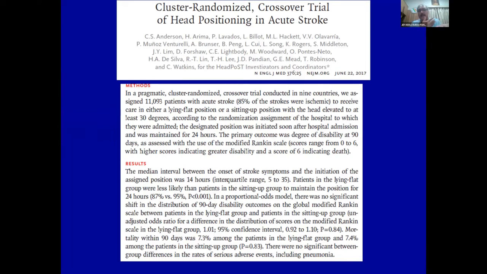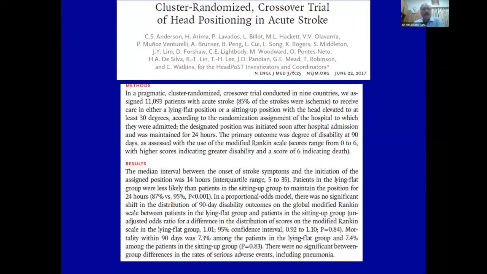Within 24 hours, the centers were randomized to lying flat or 30-degree head up, and it did not make any difference in the primary outcome of modified Rankin. So irrespective of the head position, if it is very inconvenient for the patient to be flat, you can raise the head end up a little bit.